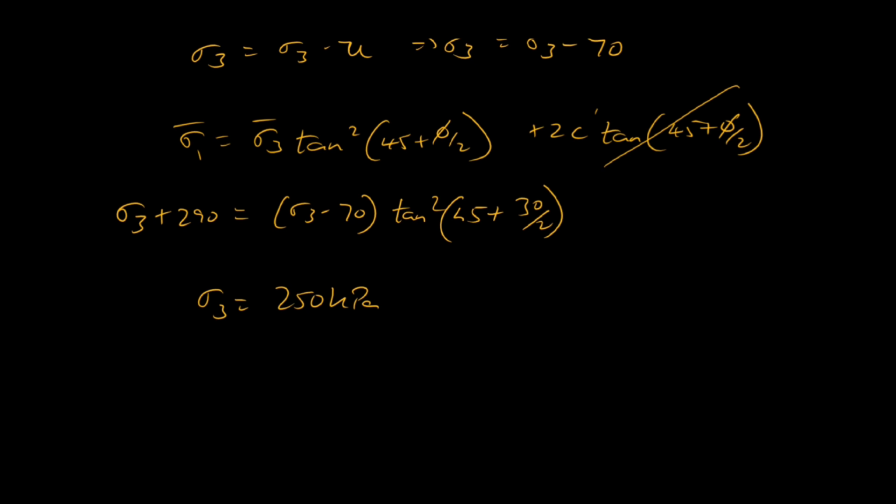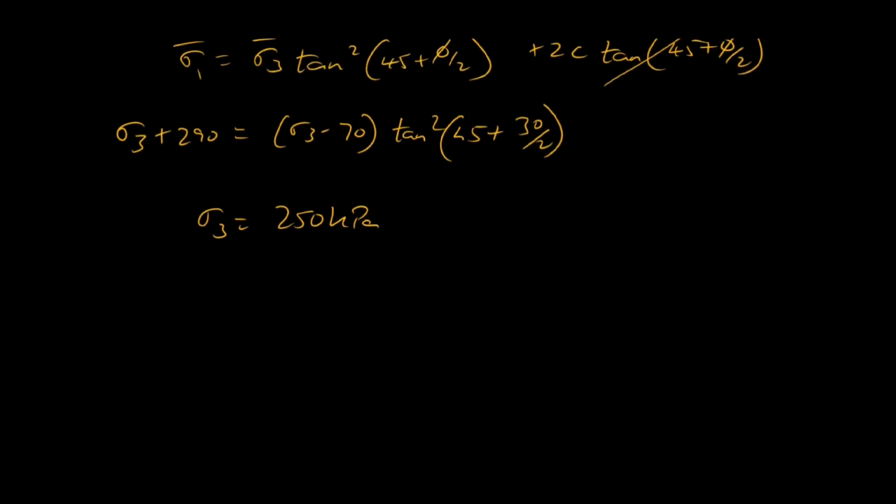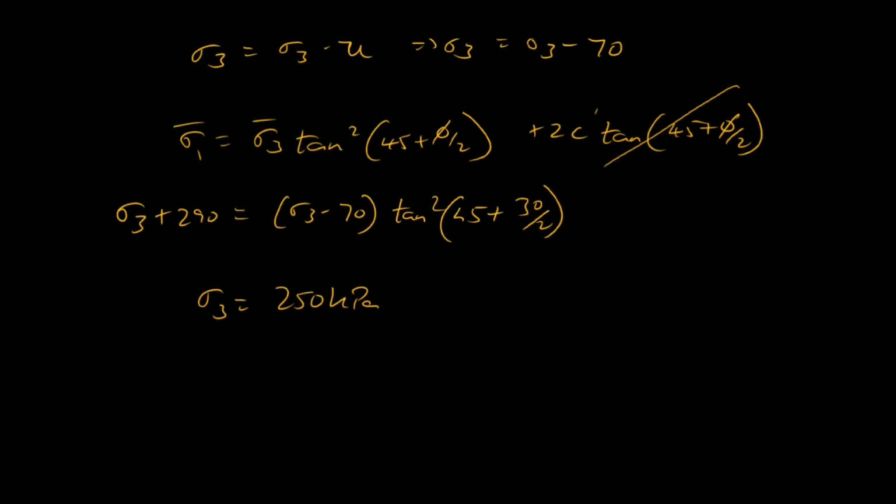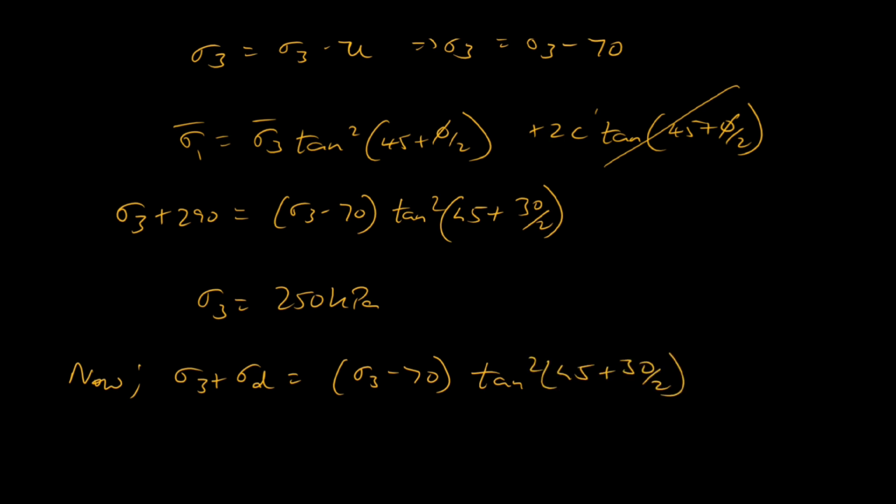Okay. Now if the test is repeated without the closure of the drainage valve, we need to find out the value of sigma d. So now we have found out the value of sigma 3. With this sigma 3, we are going to find out the value of sigma d. Now sigma 3 plus sigma d will be equal to (sigma 3 minus 70) tan square (45 plus 30 by 2).